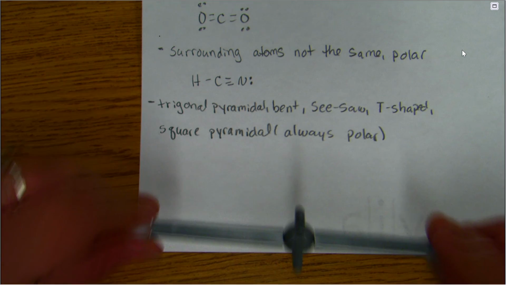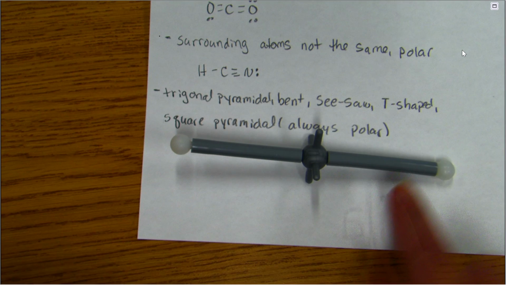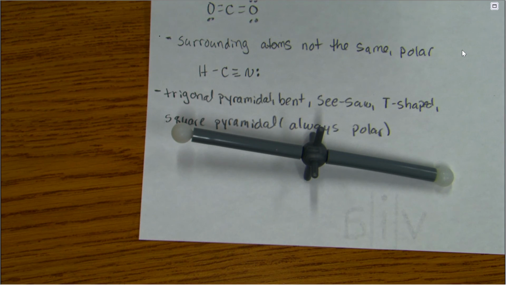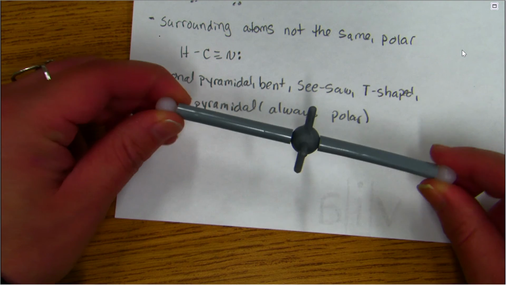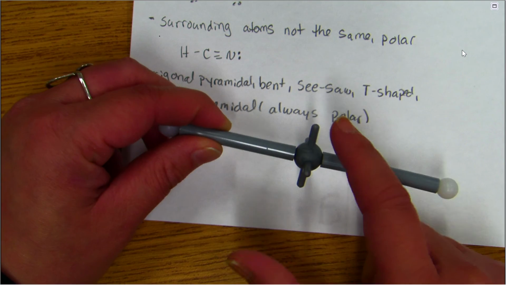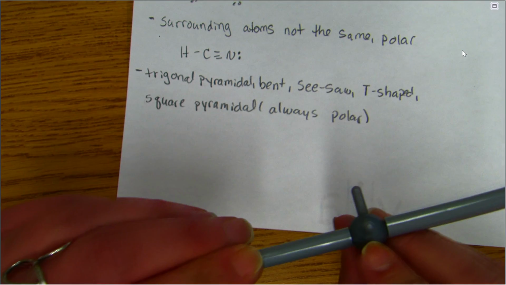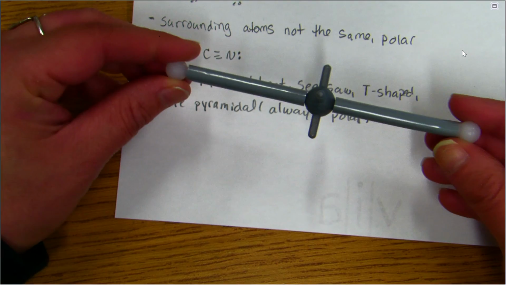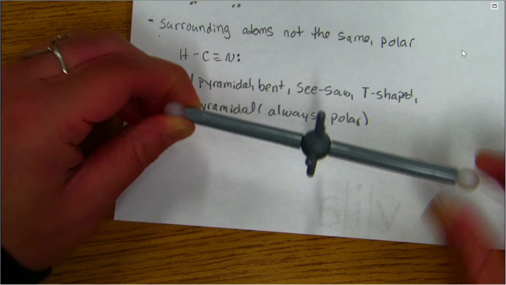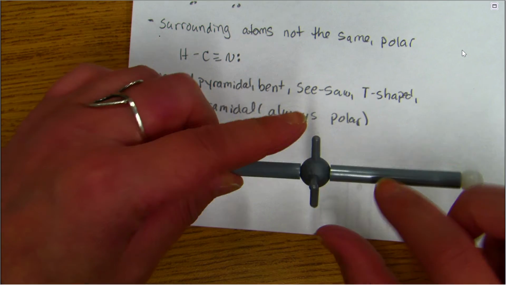For example, let's look at something like this molecule right here, where I have a shape that is linear in the expanded octet form. I have two bonding pairs and 1, 2, 3, 4 lone pairs. So in this shape, these lone pairs are pulling in equal and opposite directions.